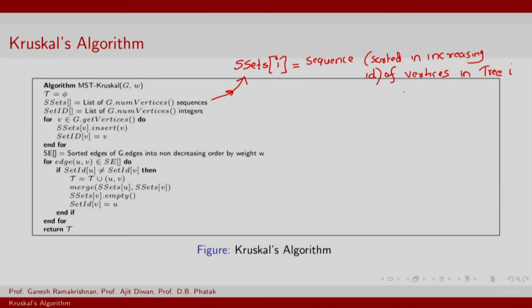We are maintaining these vertices in sorted order primarily because we want to be able to merge them in linear time, that is, sorted in order to facilitate merging of two trees, represented as sequences, in linear time.